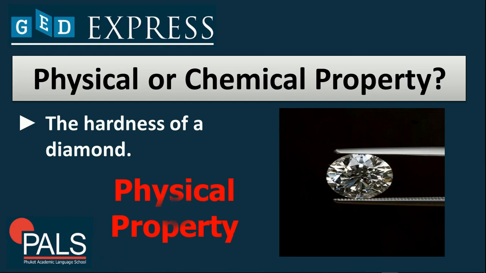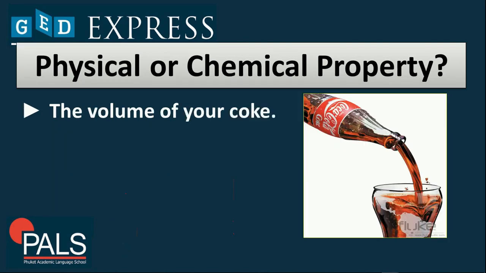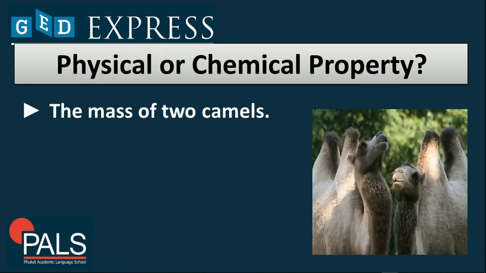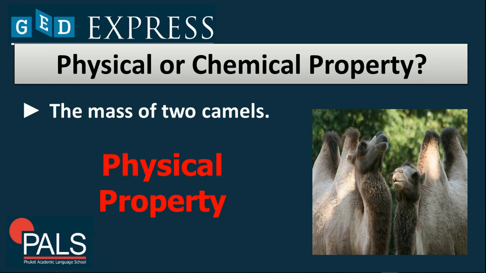Good job, that is a physical property. How about the volume of your Coke? That is also a physical property. Great, how about the mass of two camels? Exactly, that is also considered as a physical property.